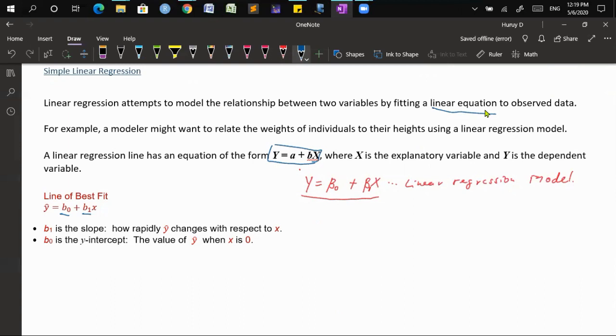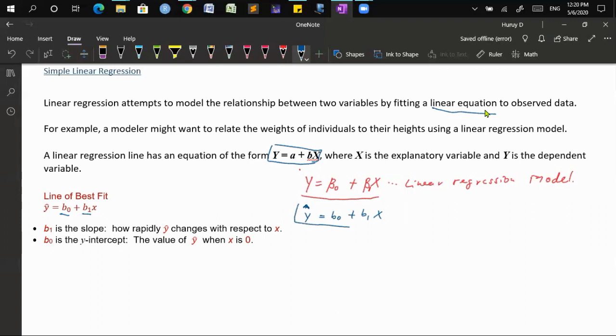Here they were beta, but here they are b sub naught and b sub 1. And for the y, we put a hat. We put a hat here, not a bar. Y hat equals b sub naught plus b sub 1 x. The x doesn't have a hat. Okay, therefore, this is what we use.